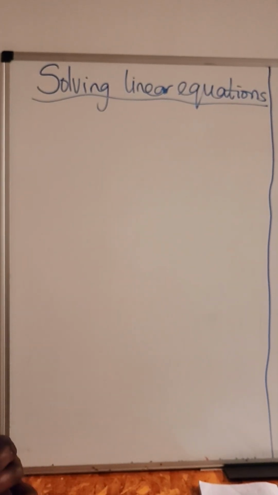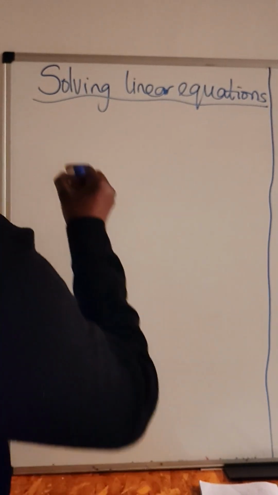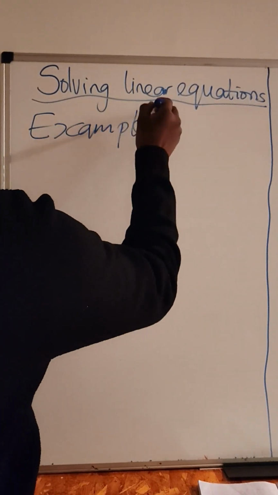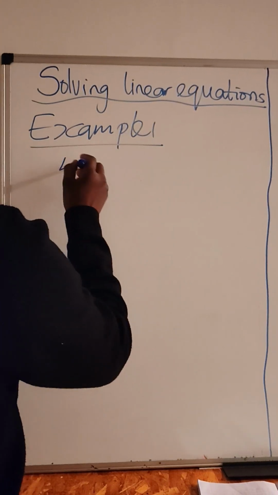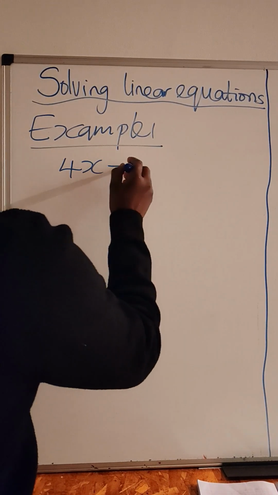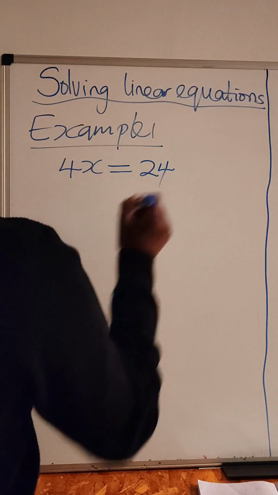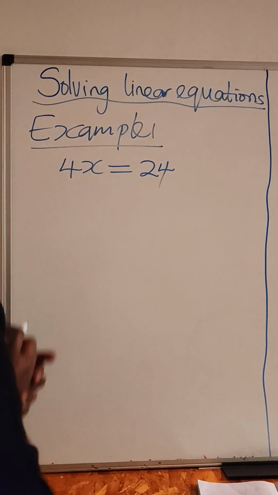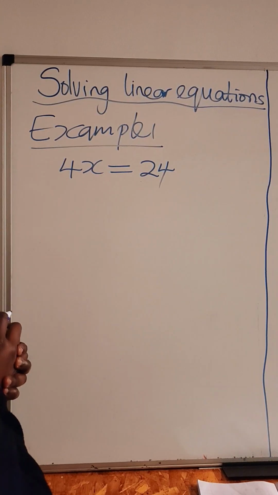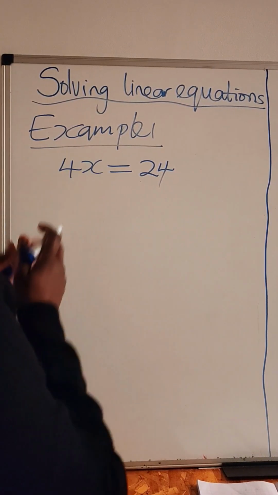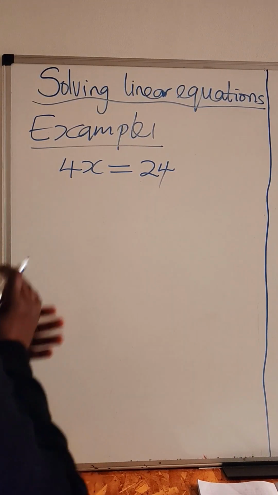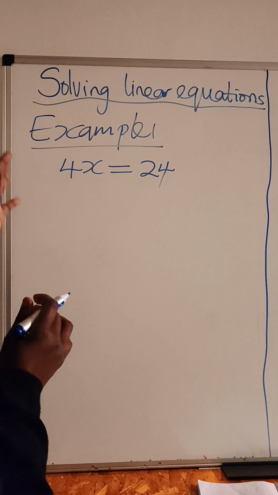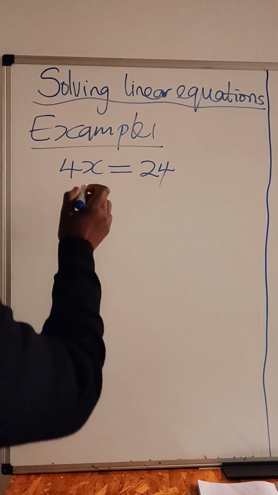So my first example is 4x equal to 24. If we look at this question carefully, we're going to solve for x in this equation.